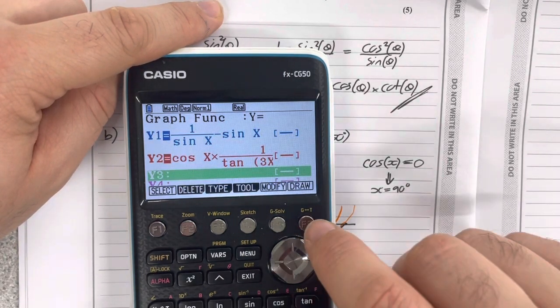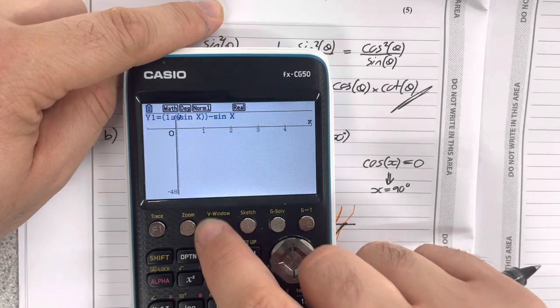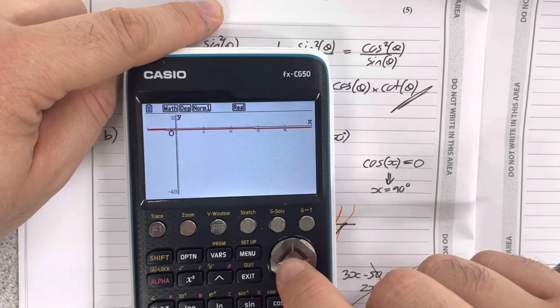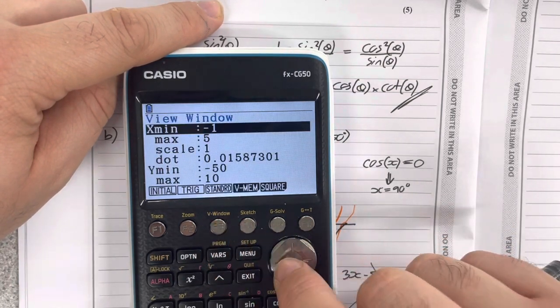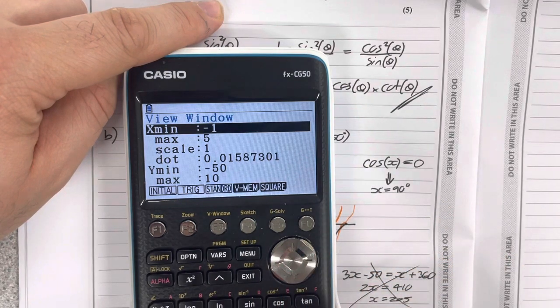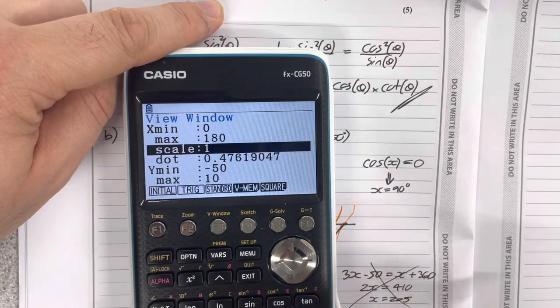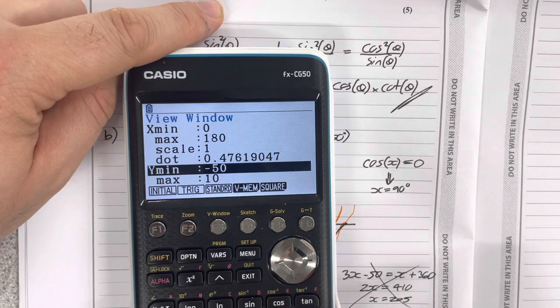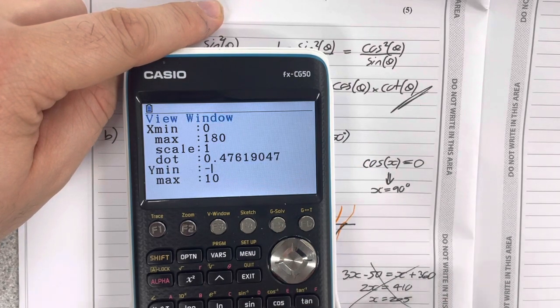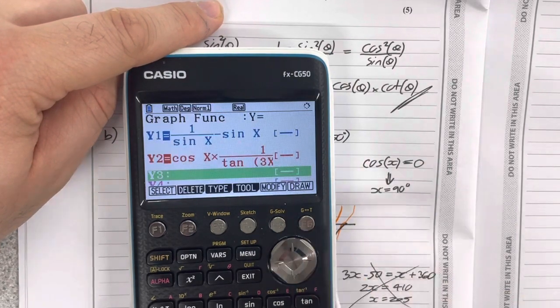Okay, looking for when these intersect. I also need to change the window. X, I want to go from 0 to 180, and the Y, let's go from minus 10 to 10. Let's see what happens.